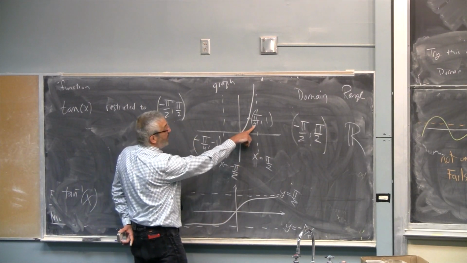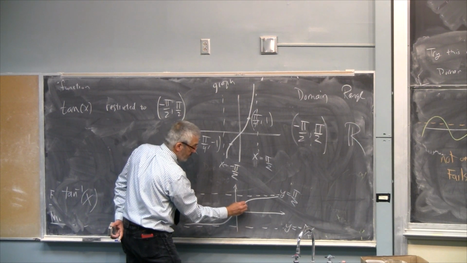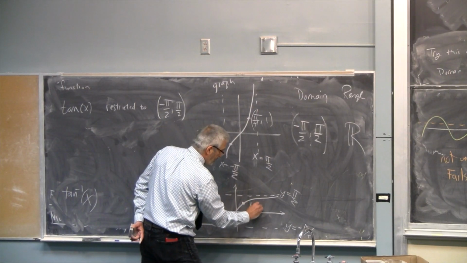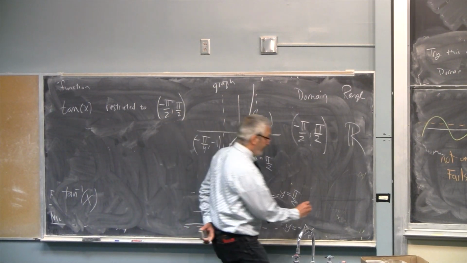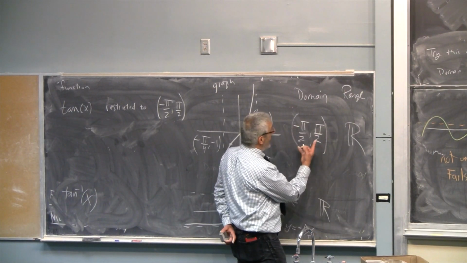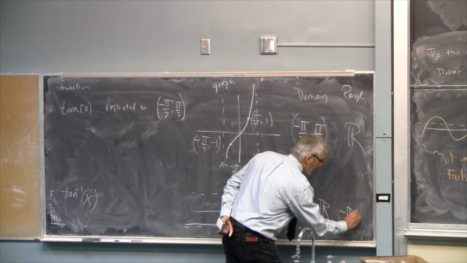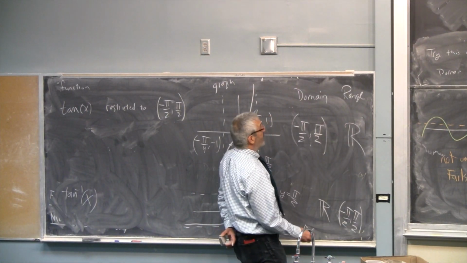And instead of going through pi over 4 comma 1, it goes through 1 comma pi over 4, and so on. The domain of this function is all real numbers. The range is that set, which is an open interval without its endpoints.